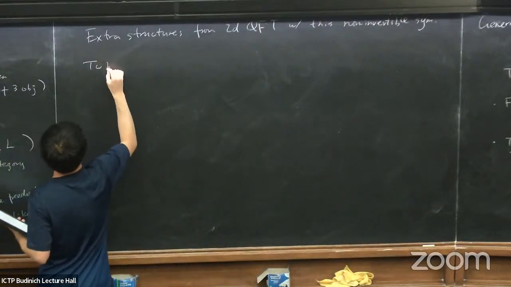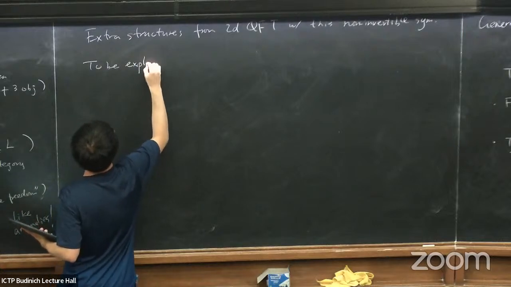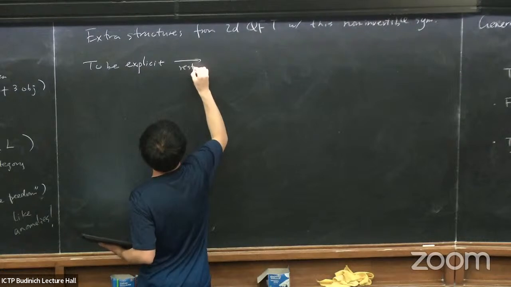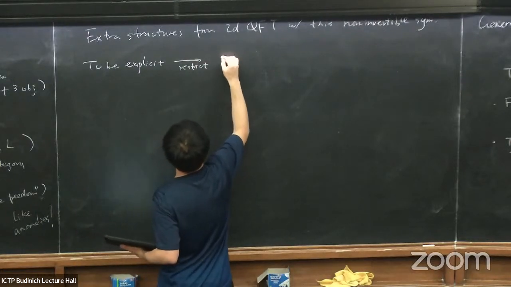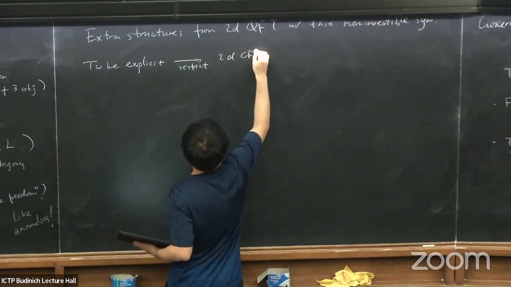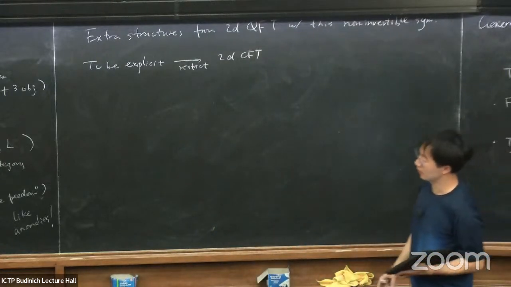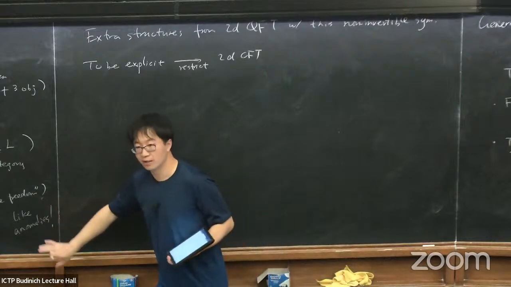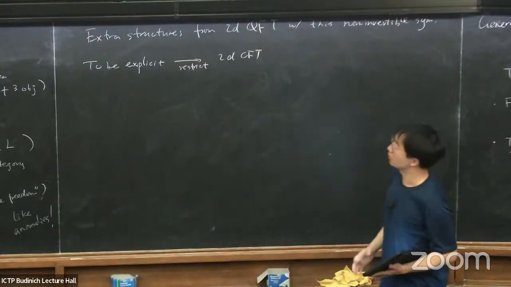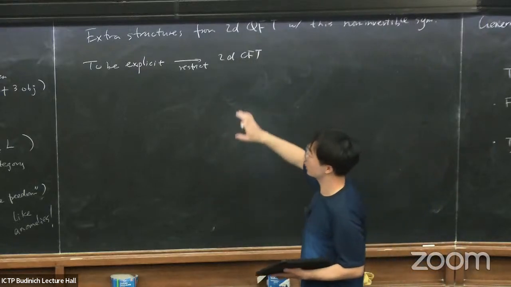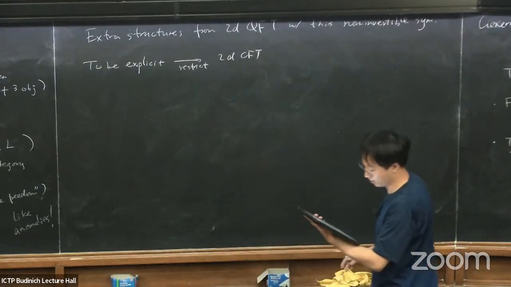To be explicit, we'll restrict to 2D CFTs. We'll discuss the symmetry in the context of 2D CFT. And this is not really a loss of generality because, as we alluded to over here, the structure of the fusion category is rigid. So 2D QFTs that are obtained from CFTs by RG flows are naturally captured by the statement we'll be making here.